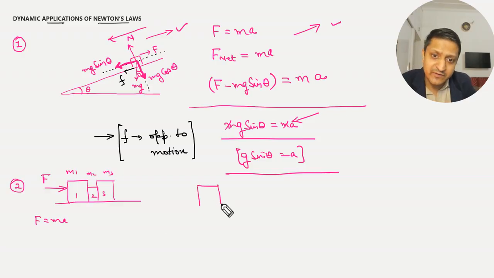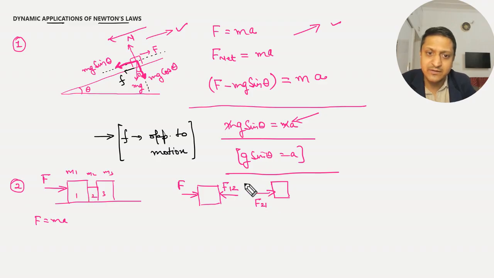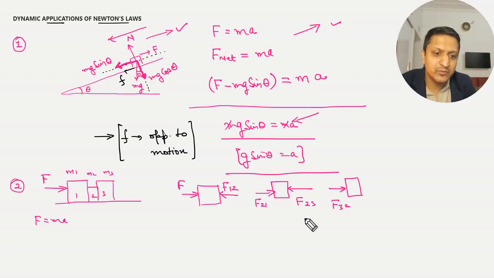When we have the force, we will say that this is the main force, and there will be a force on 1 by 2. And for the second object, there will be a counter force on 2 by 1, and over here there will be a force on 2 by 3, and over here there will be a force on 3 by 2.